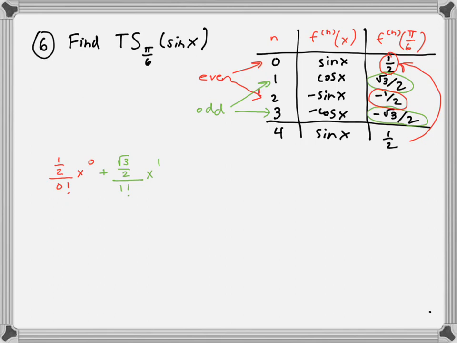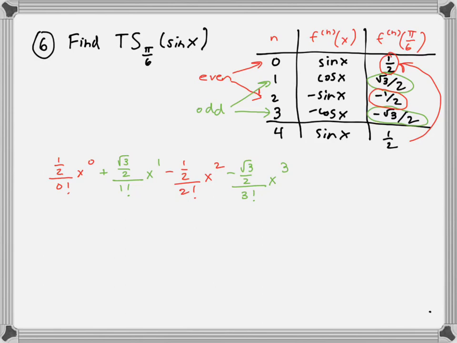And then to go back to my evens, I have minus 1/2 over 2 factorial x squared. And then I have minus root 3 over 2 over 3 factorial x cubed. And so this is the pattern, right?